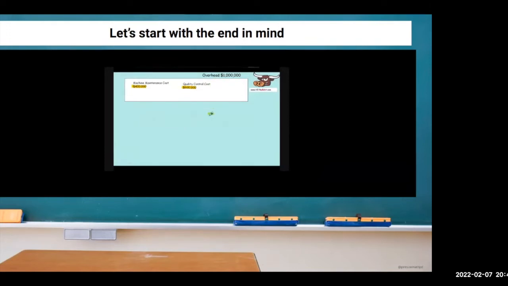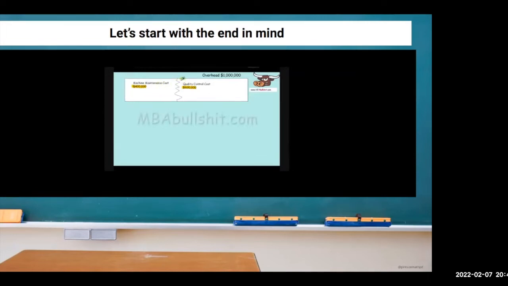Now the next thing I'm going to do is divide this $1 million box into two parts: the machine maintenance cost part and the quality control cost part. Okay? So that's easy enough. That way we don't confuse one with the other.